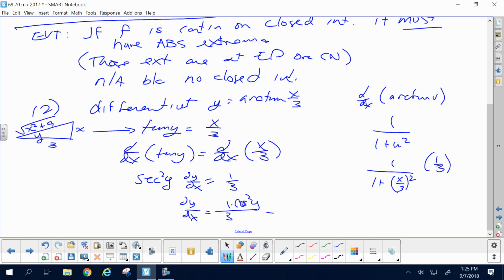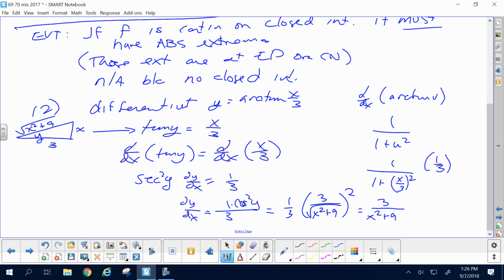If I then use the cosine squared, then the cosine would be adjacent to hypotenuse, or 3 over root x squared plus 9, quantity squared. So all said and done, this is something like 3 over, right, 1, 3 would cancel, over x squared plus 9.